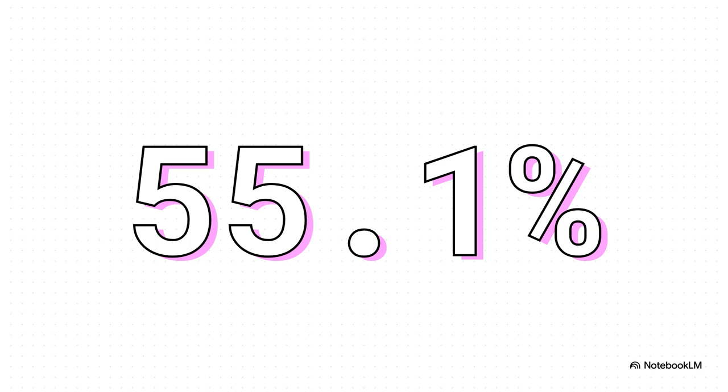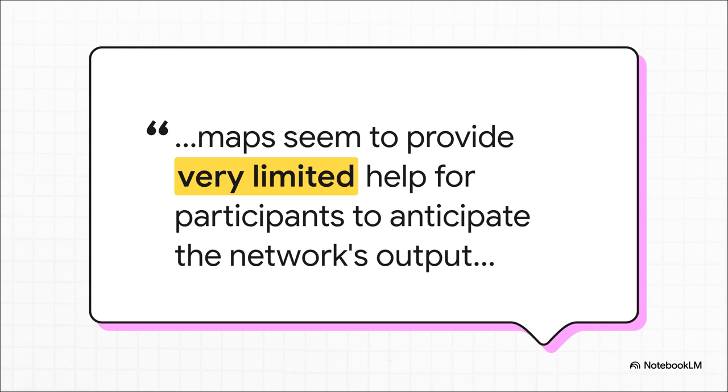That means this powerful explanation tool only gave people a tiny 5.6 percentage point boost. It barely helped. The researchers really summed it up perfectly themselves. They said the maps provided very limited help. So even though they might look convincing at first glance, in reality, they didn't really give people the tools to understand or anticipate the AI's behavior.